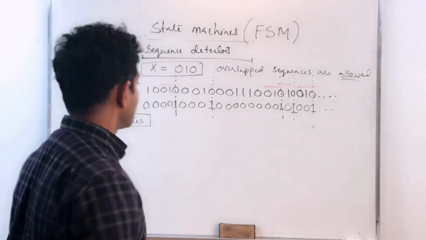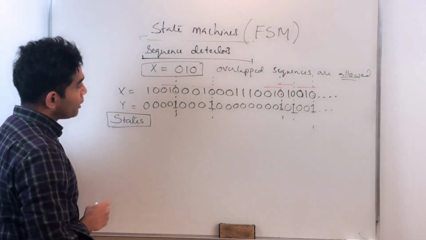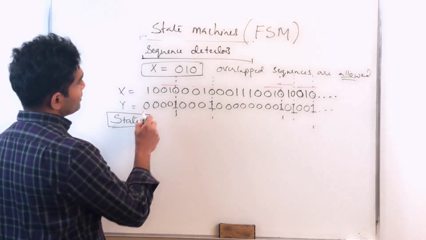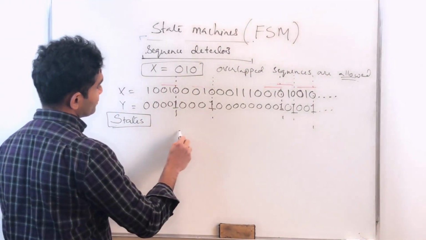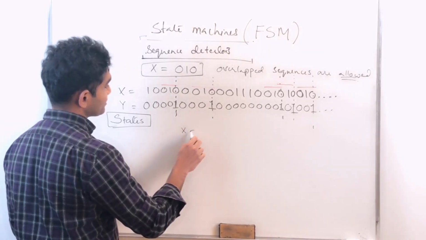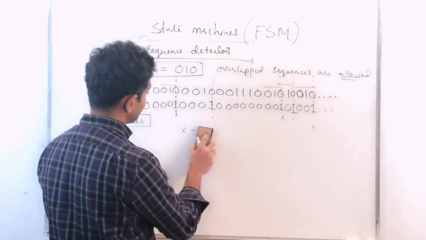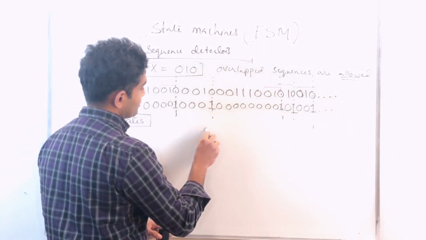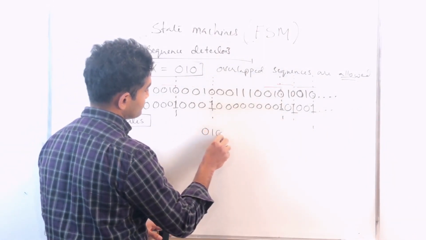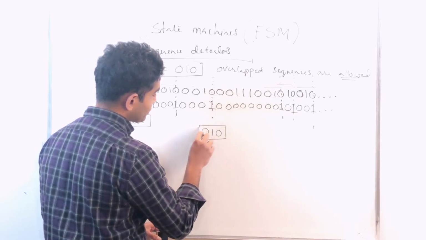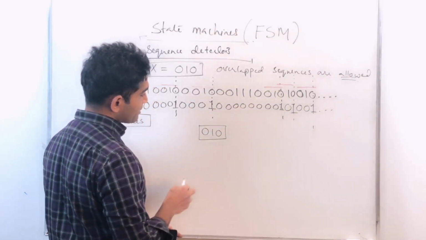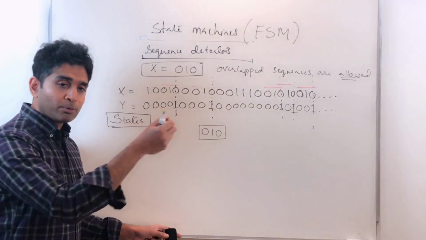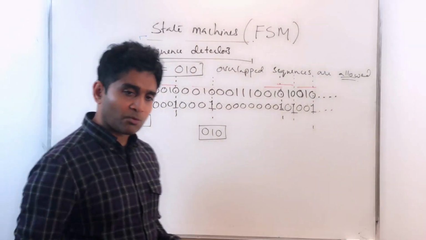All right, so let's do that. How do I define my states? In this particular example, the sequence I have to identify is 0, 1, 0. I have to have a capability to remember that a part of a sequence has occurred already, since these inputs are coming in one bit at a time, right?